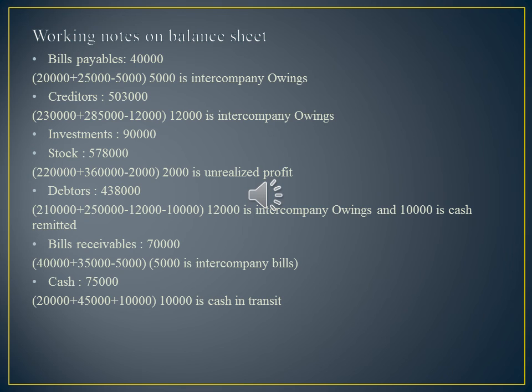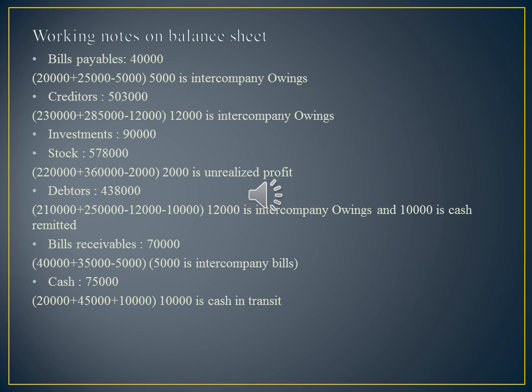There is an adjustment regarding this statement. So, in case of debtors, we are deducting both intercompany owings and cash remitted. And coming to the bills receivable, same as bills payable, holding company's bills receivable plus subsidiary company's bills receivable, minus 5,000 rupees, which is intercompany bills.